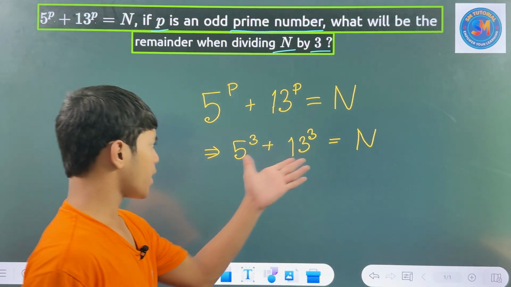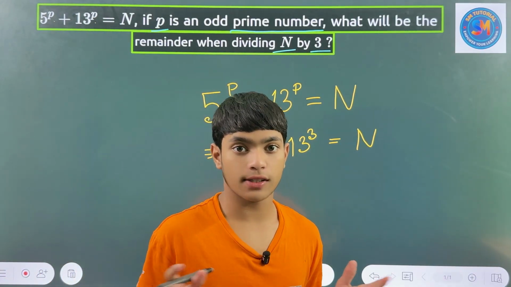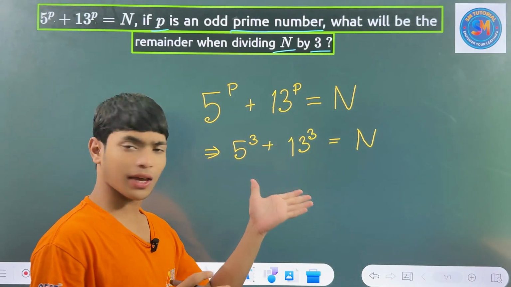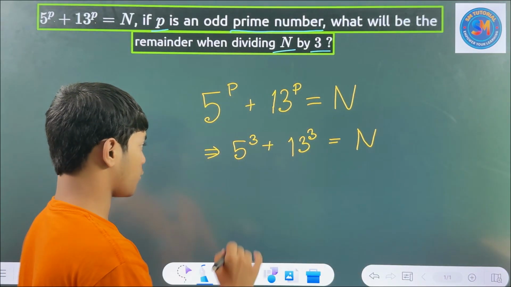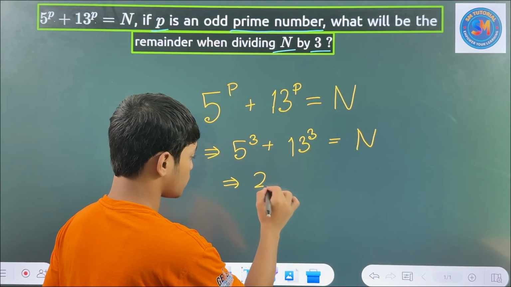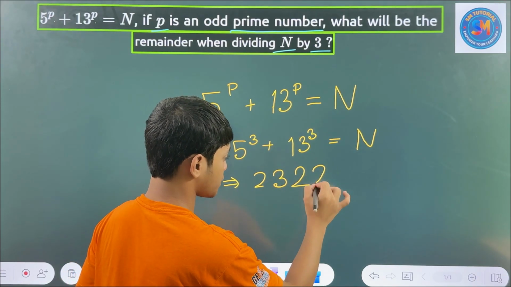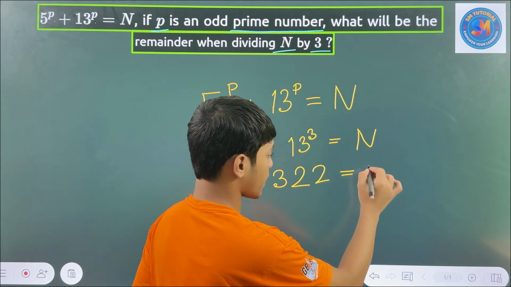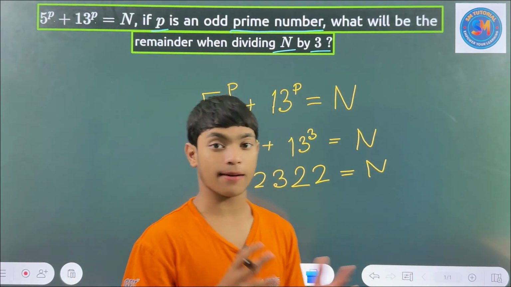But now you can find the value of this, so you can understand what is the value of n. So can you calculate it? The result of it will be 2322, and this is the actual value of n, because you can test it.